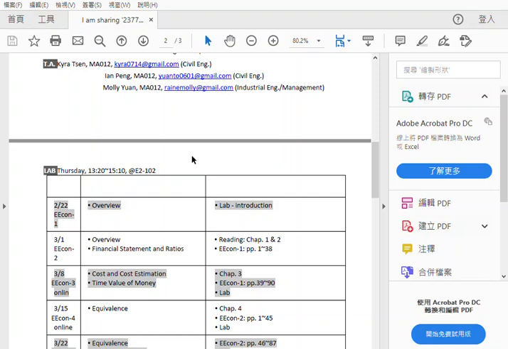Is it correct? 2 o'clock, 2 to 4. Okay. I think 2 to 4 is the schedule that the department asked me to put down. That's because I'm supposed to join the departmental meeting from time to time.